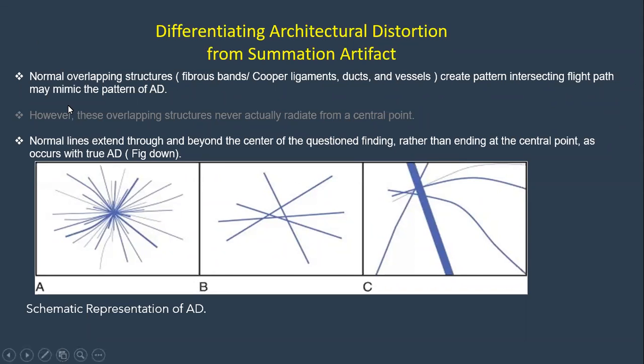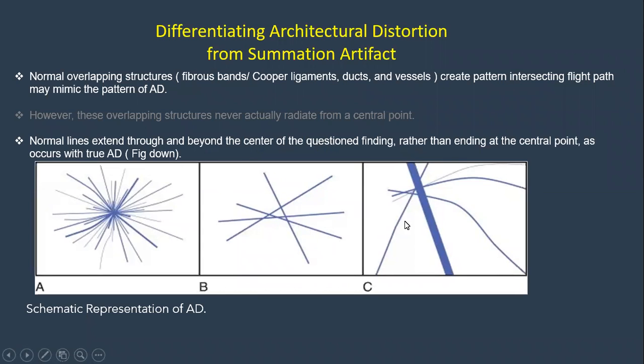Here you see normal structures like a fibrous band, which is the Cooper ligaments, ducts and vessels, can create intersecting flight paths that can mimic architectural distortion. However, these structures never actually radiate from a central point. They extend through and beyond the center of the questioned finding, rather than ending at the central point, passing through it.